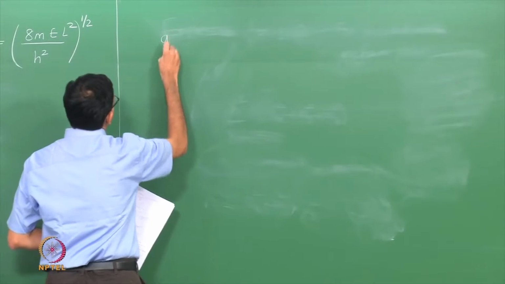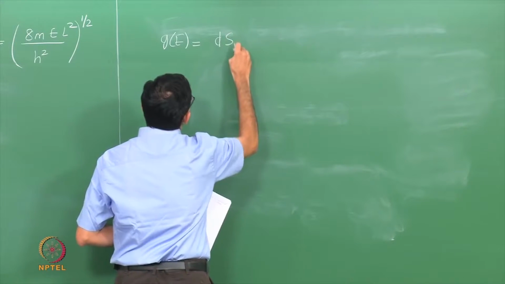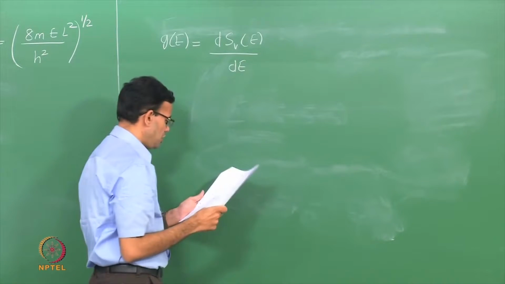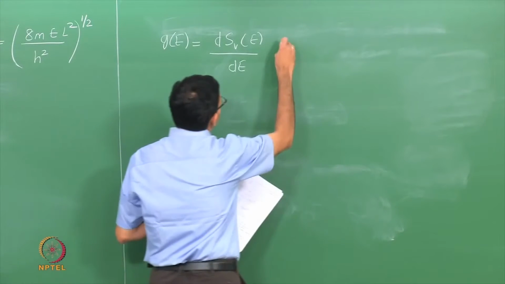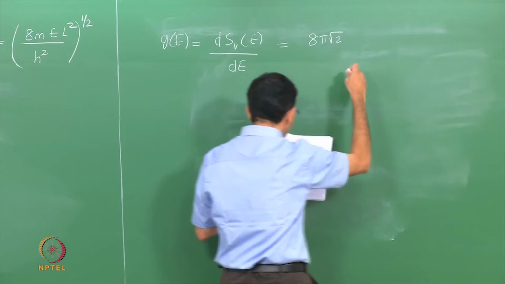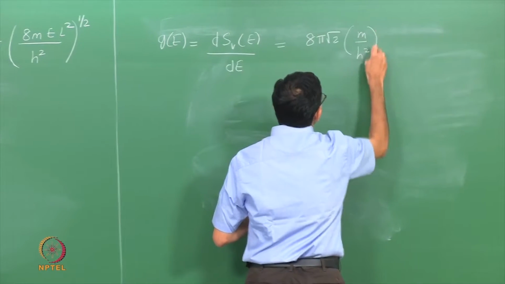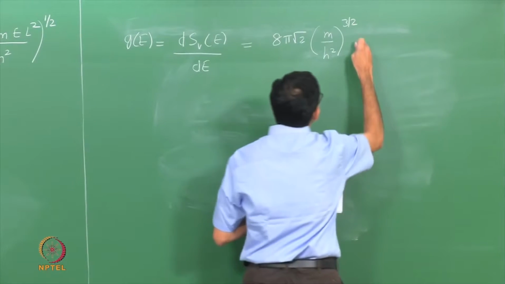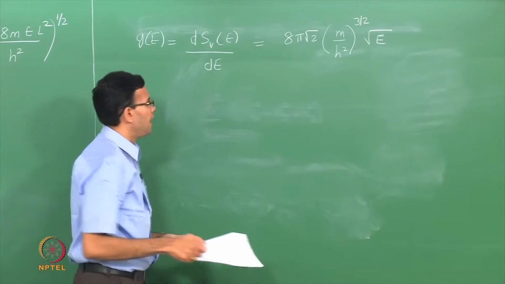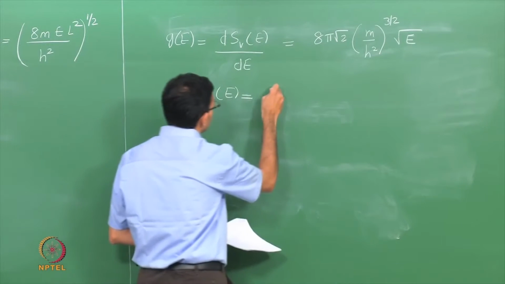So, let me rewrite the expression here. G of E is the differential of the total number of states with respect to energy. If we do the differential, we get the expression. Since we are talking about electrons, I will replace the mass by the mass of the electrons to write the final expression.